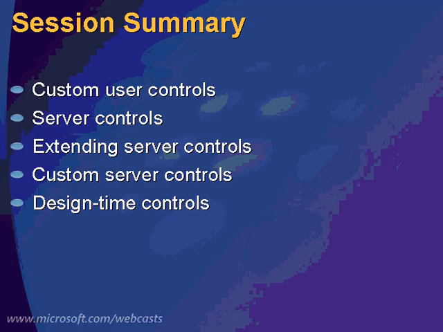But we covered custom user controls. You saw how I added a couple custom properties to a standard user control. We talked about what was good and what was bad in user controls, and saw how server controls actually replace that. Server controls run code on the server, yet on the client render themselves as standard HTML controls.